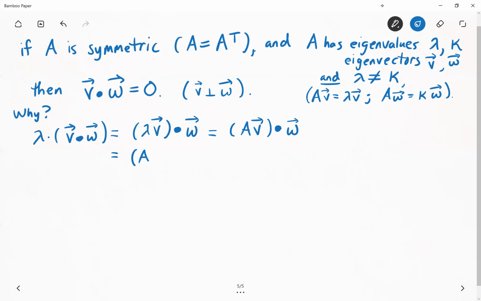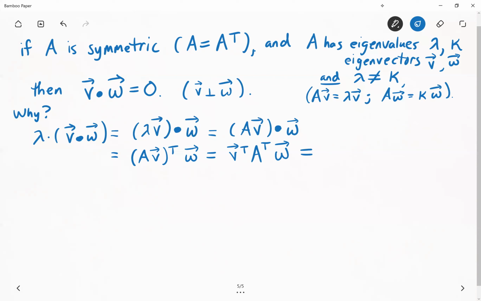We could write this as the transpose of the first, A times V, times, as in matrix multiplication, W. We also made a note that we can distribute the transpose over a matrix vector product, provided we swap the order. So this becomes V transpose A transpose times W. And again, using one of our observations.